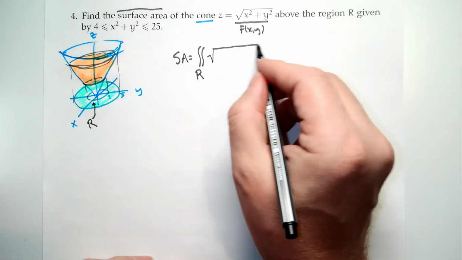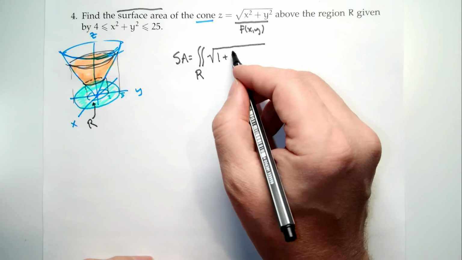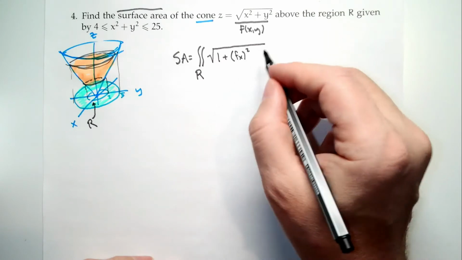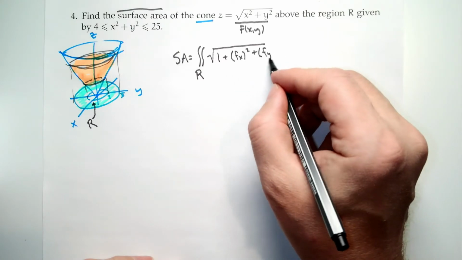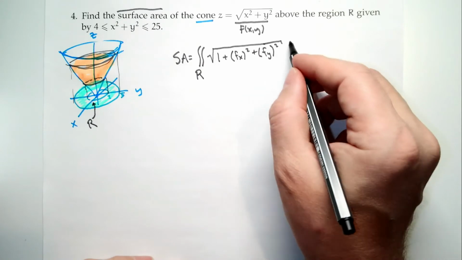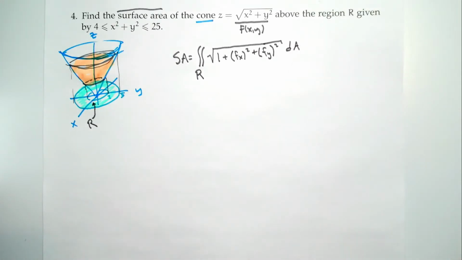The square root of 1 plus f sub x squared plus f sub y squared dA. All right. Now I know what you're thinking. Ooh, this is going to be a polar problem because you see the circle downstairs. But hold off. Don't go too far down that road. Let's just be careful and let's see what happens.